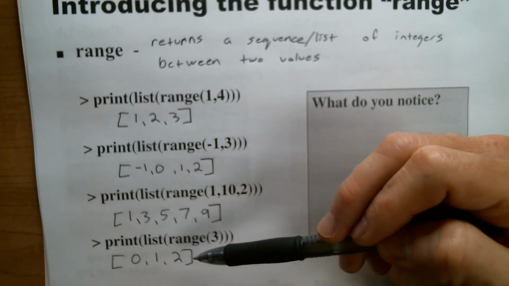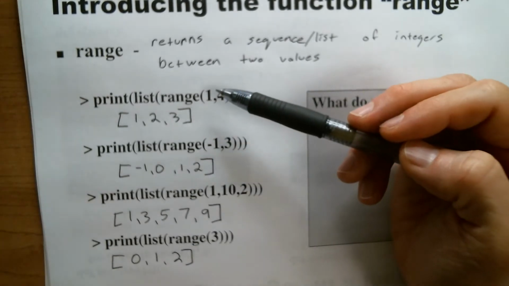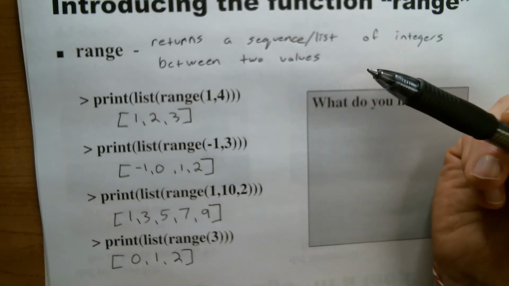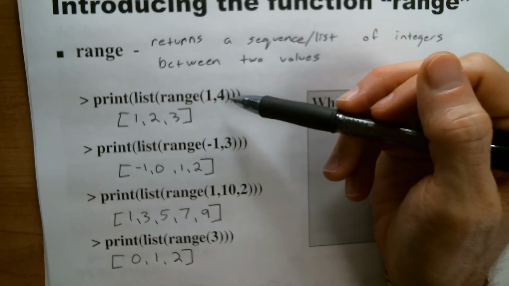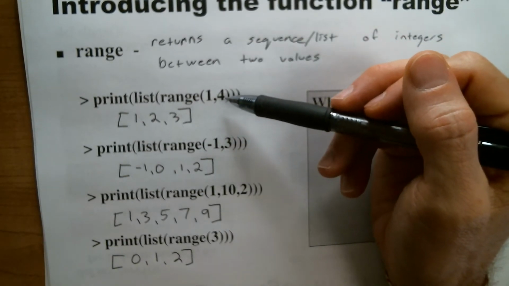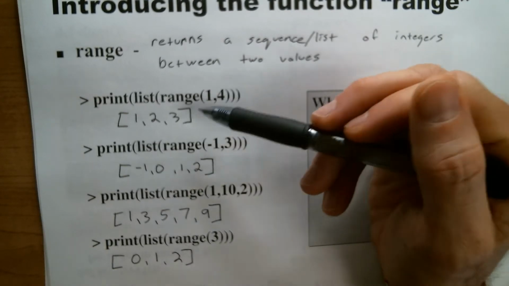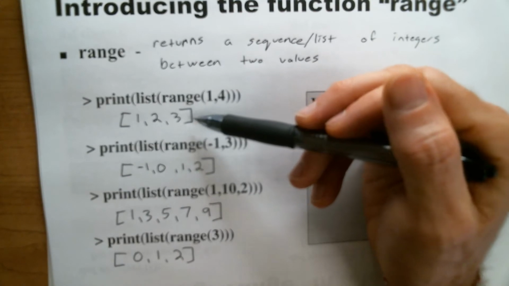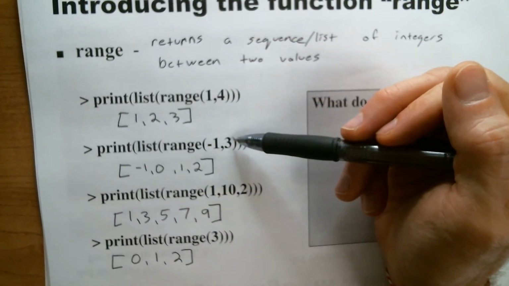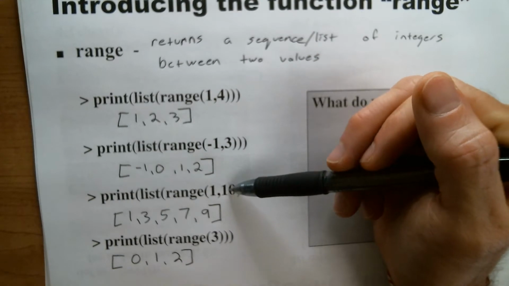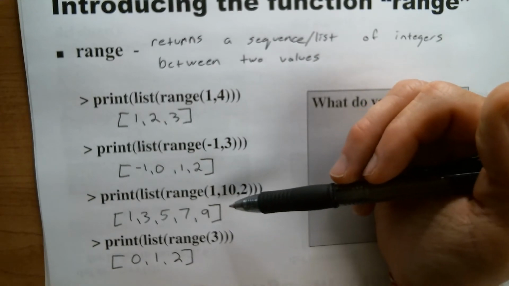We'll get to the last one in a second. But basically, the first number that we put in is where our list is going to start. The next thing we notice is that the second number, it never quite gets to it. I put in a 4 here, but it only does 1, 2, and 3. I put in a 3, but it only gets up to 2. I put in a 10 here, but it stops at 9.